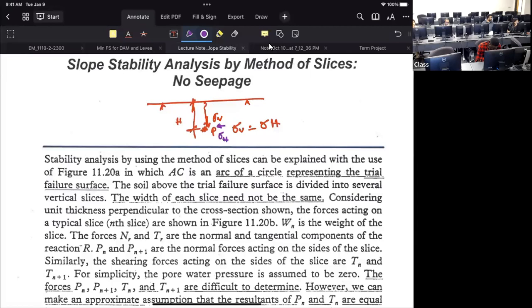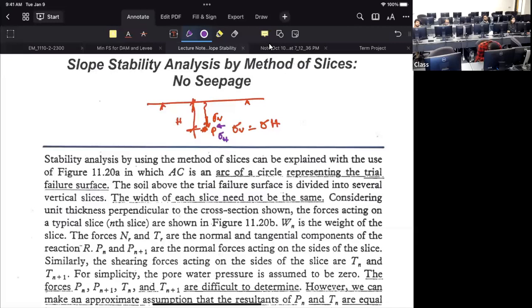The major question I'm trying to ask you is that sigma V and sigma H are not equal, right? But there is one case where sigma V and sigma H are equal. Not at all. No way.